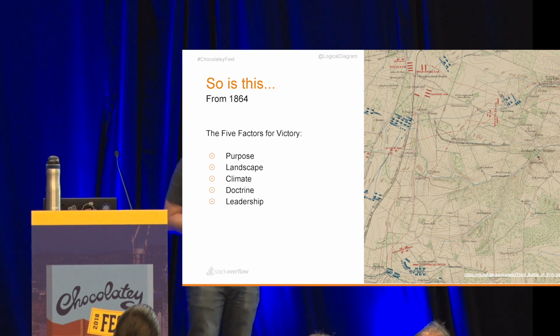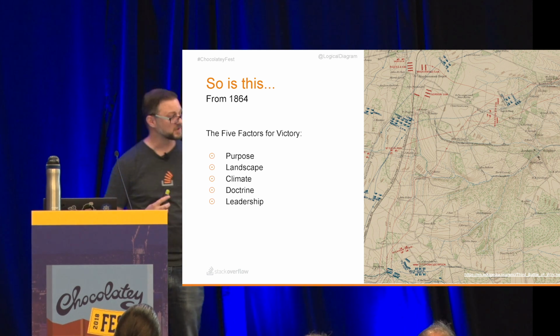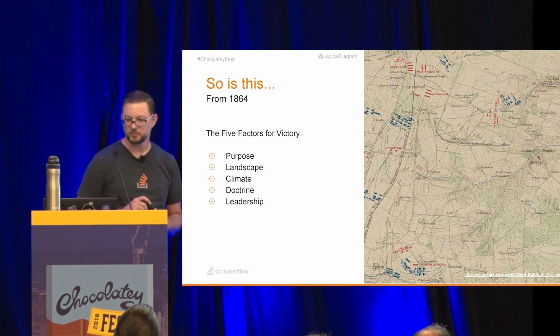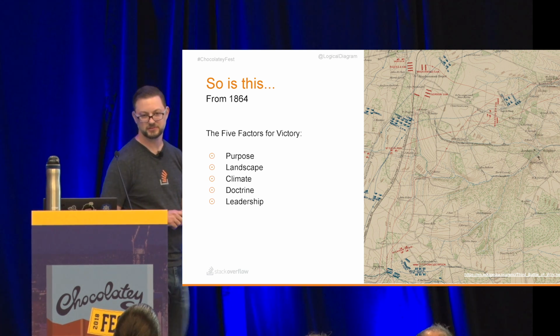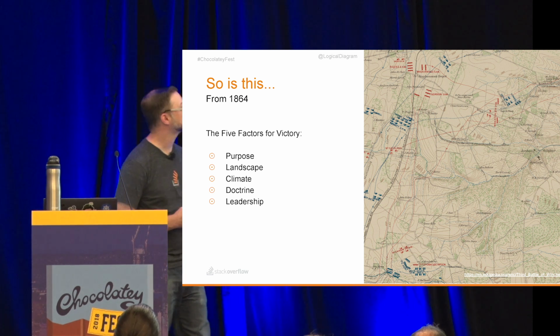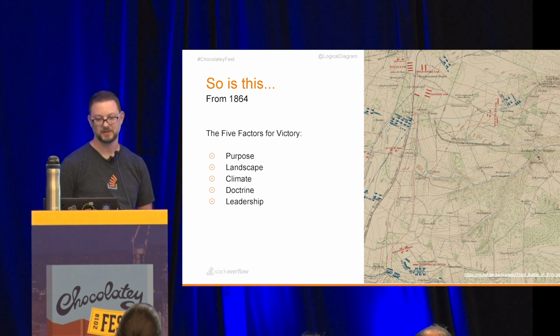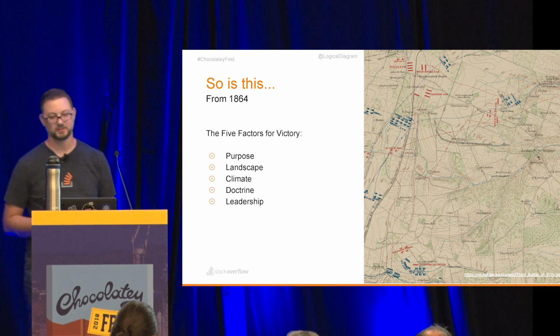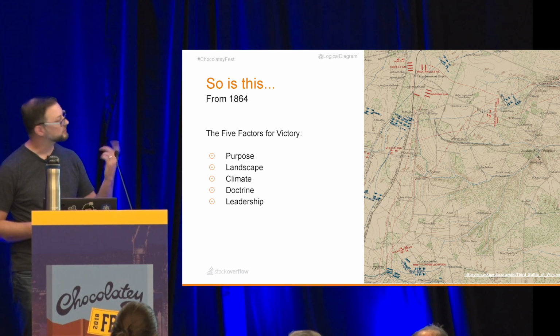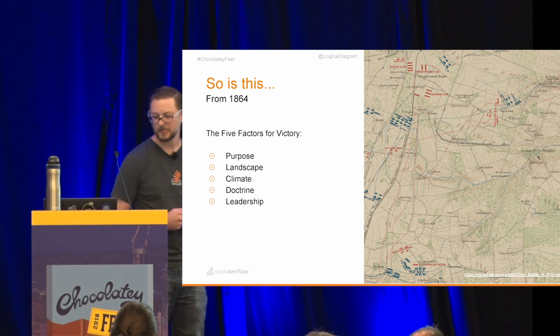So he started being really introspective and looking for a solution. And he ended up picking up several different translations of Sun Tzu's Art of War. One of the translations specified these 5 factors for victory, or 5 factors in governing competing opponents: purpose, landscape, climate, doctrine, and leadership.